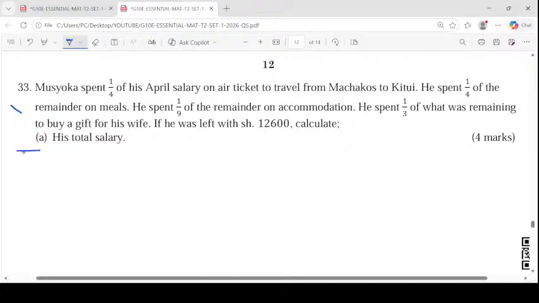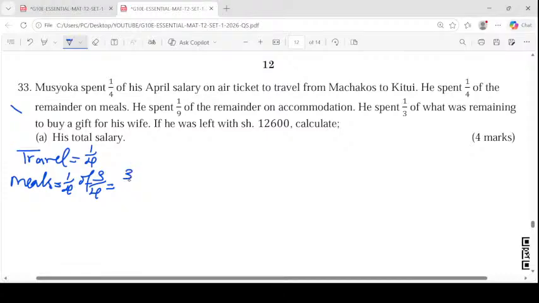So just to travel alone, this person spent a quarter of the salary. So meals, this person spent a quarter of the remainder. What is the remainder? If you spend a quarter, the remainder will be 1 minus 1 over 4 to give you 3 over 4. So this person spent a quarter of the remainder.